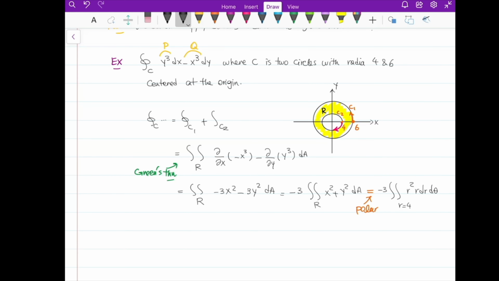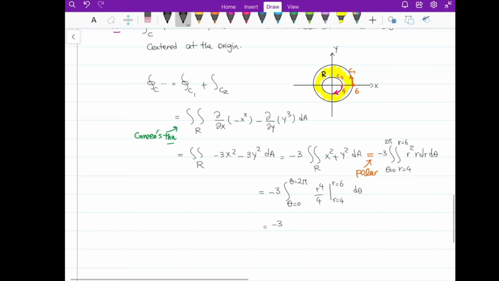R is from 4 to 6, and then theta, to make it the full circle, is from 0 to 2 pi. Okay, I'm gonna write the rest in here. So I have negative 3 integral of theta from 0 to 2 pi. Then I have r to the power of 3, so I get r to the power of 4 over 4, r from 4 to 6, and then d theta.